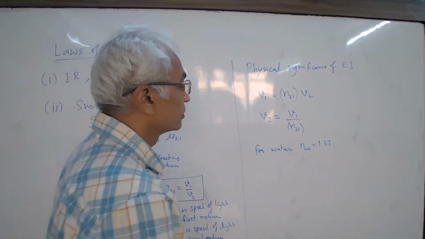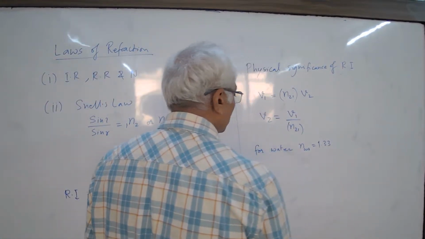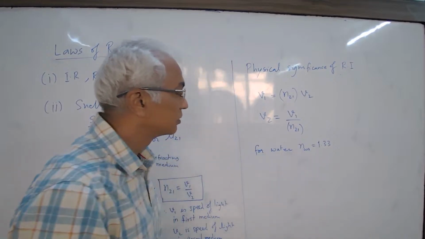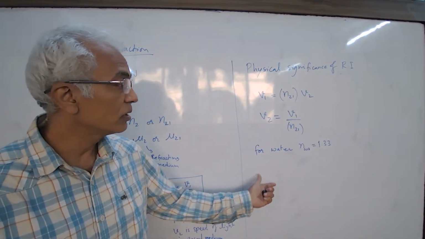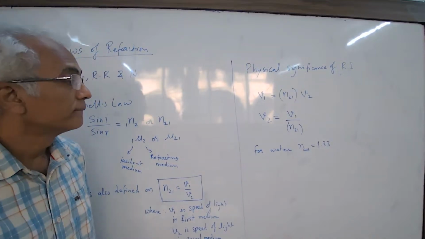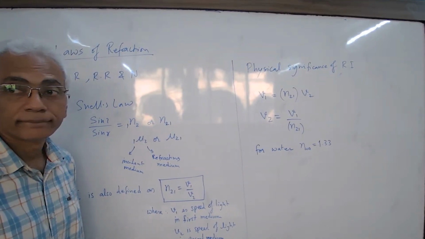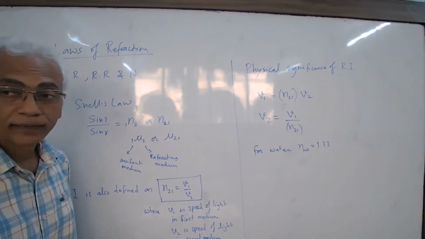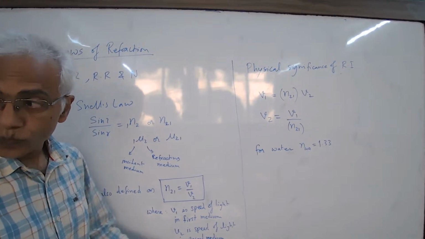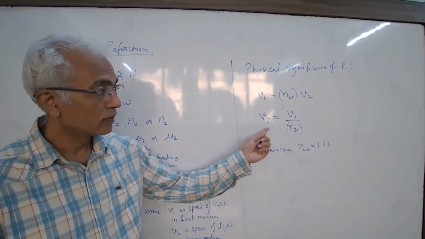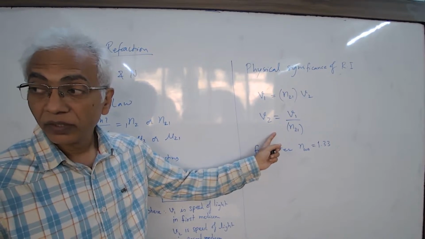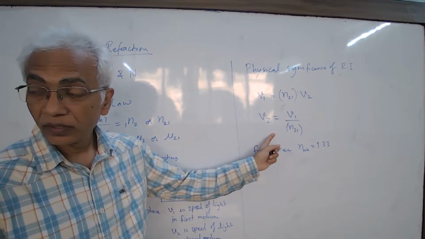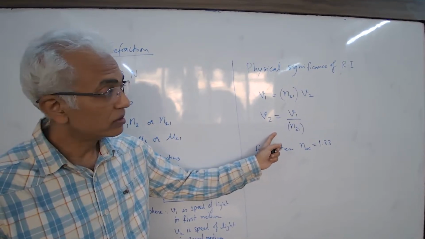Okay. So, what does this mean? The speed of light in water with respect to air is how much?